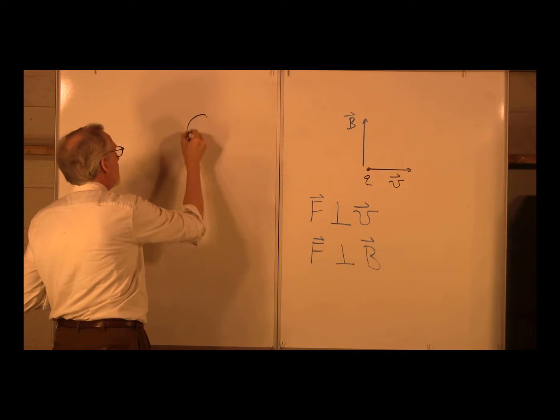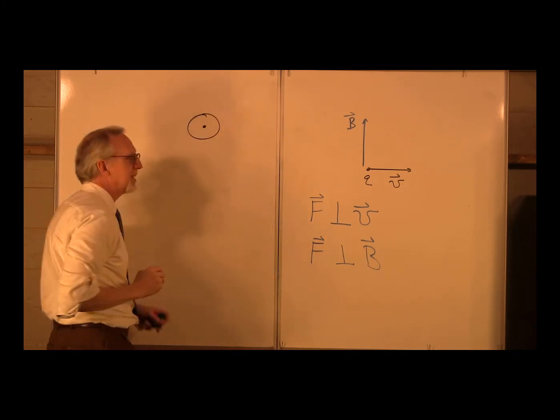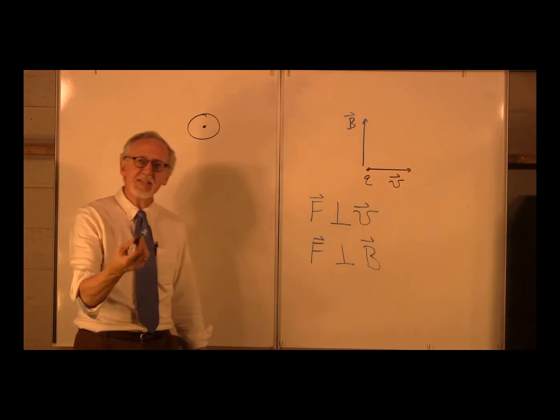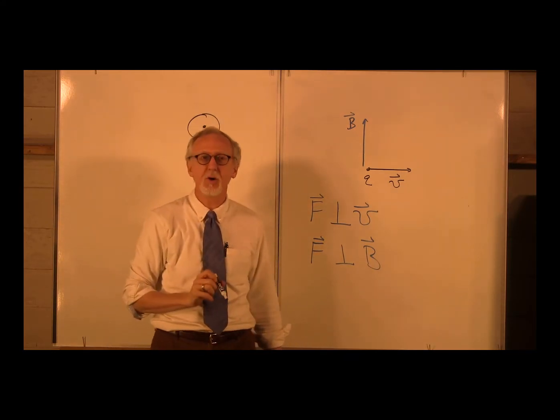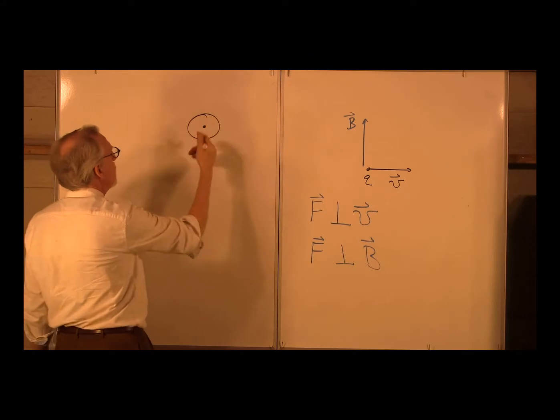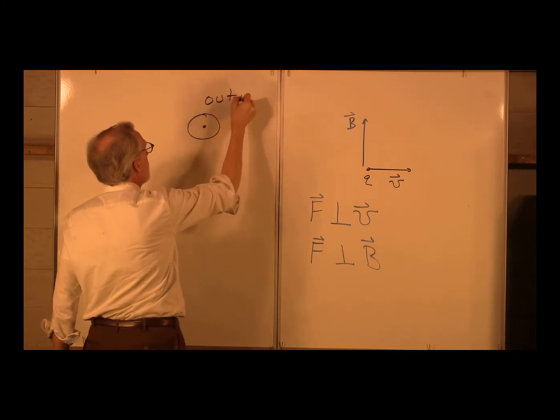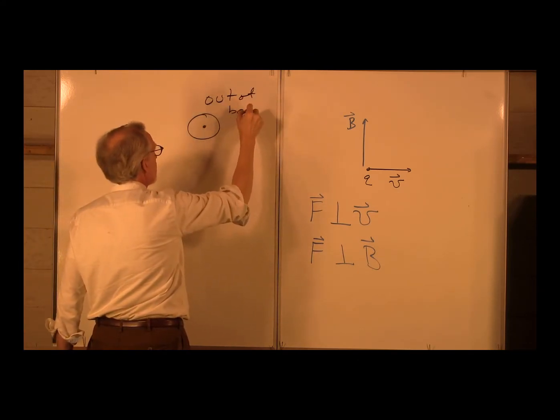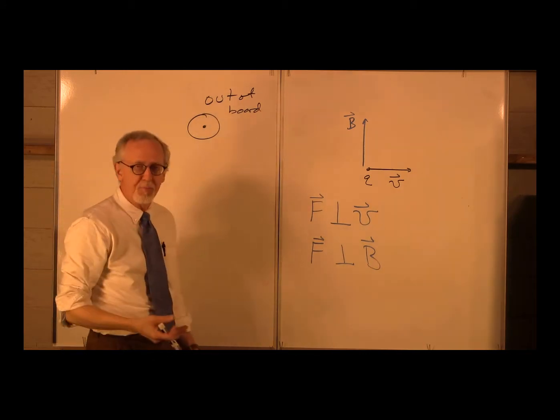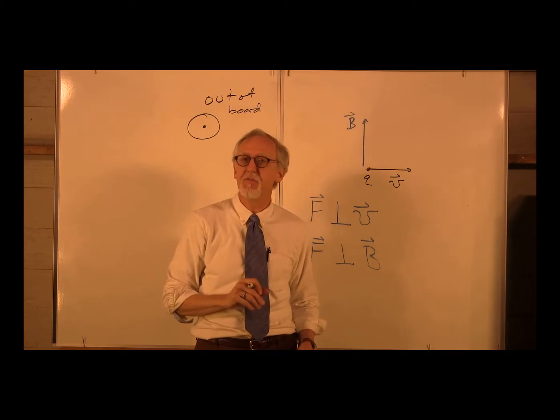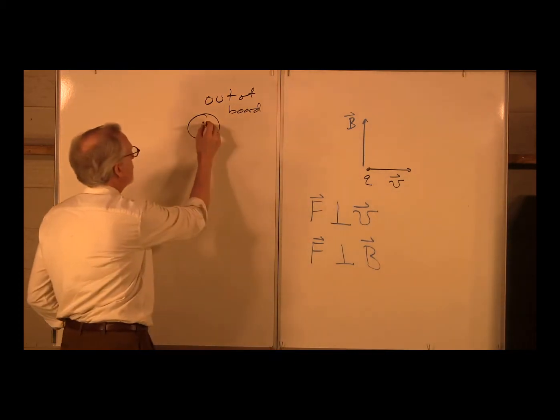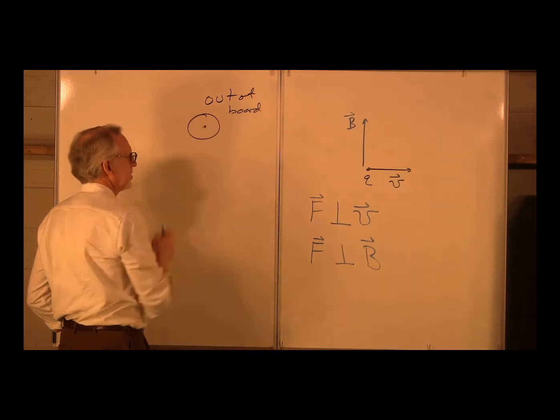So if you draw a circle with a dot in the middle, imagine that's like an arrow pointing toward you, kind of like this pen pointing toward you. This direction we will mean to indicate out of the board, or out of your page. If you draw it on a piece of paper, it means out of the page, out of the board, perpendicular to the surface in this direction.